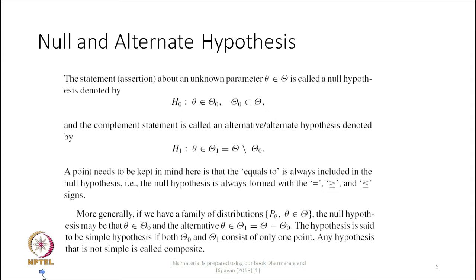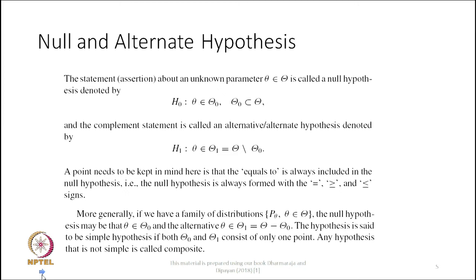When you start doing the testing of hypothesis, you should have a statement, and that statement talks about the unknown parameter theta. The statement which you want to reject or not reject, you keep as the null hypothesis.